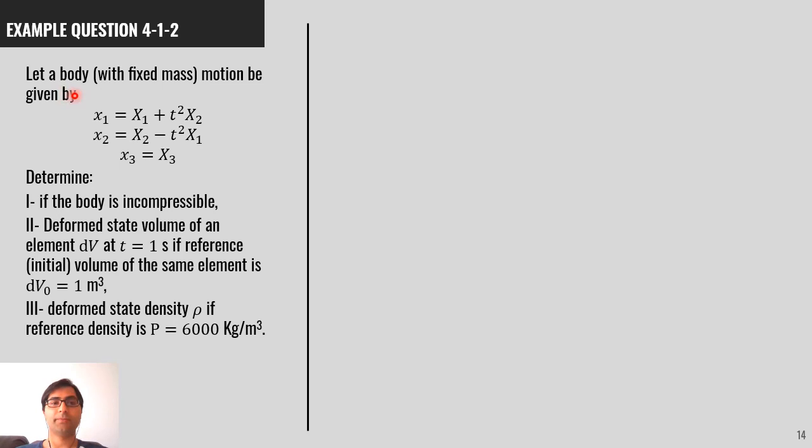Here's an example. Let a body with fixed mass motion be given by x1 equal to capital X1 plus a t squared capital X2, x2 is equal to capital X2 minus t squared capital X1, and x3 is equal to capital X3. Determine if the body is incompressible.